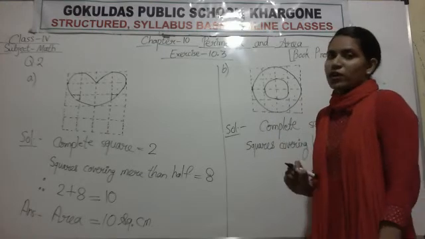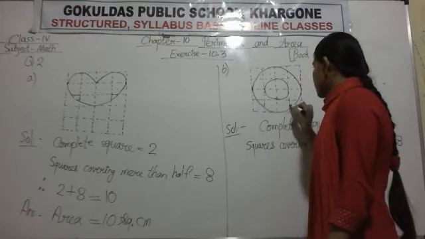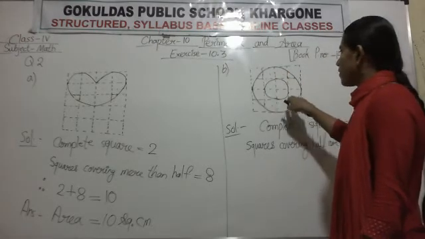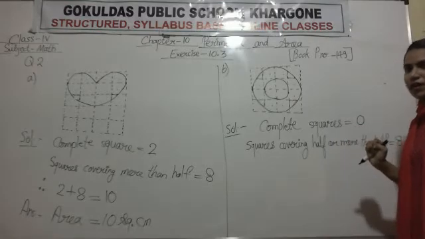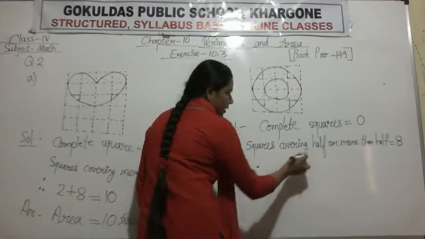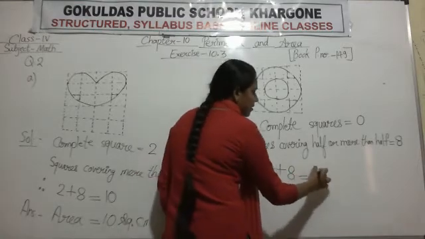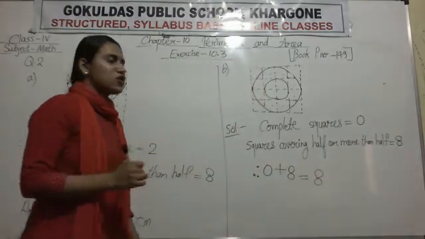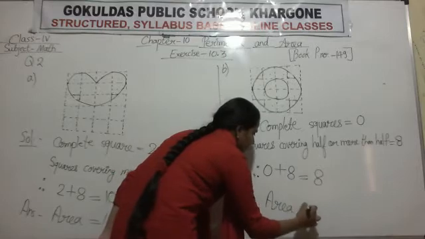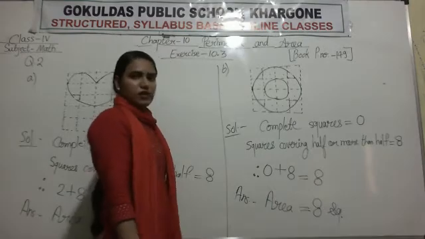And as you know, we ignore the squares which cover less than half. So this part we will ignore, this part we will ignore, and this part also we will ignore, because it is covering less than half. Therefore add both your results. 0 plus 8 is 8. So our area is 8 square centimeter. As you know, we always calculate area in square units.